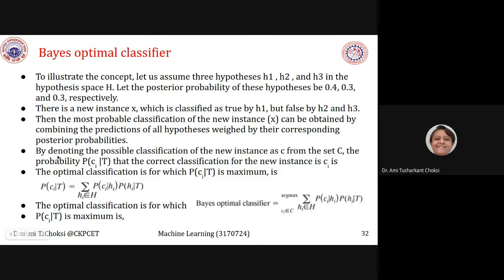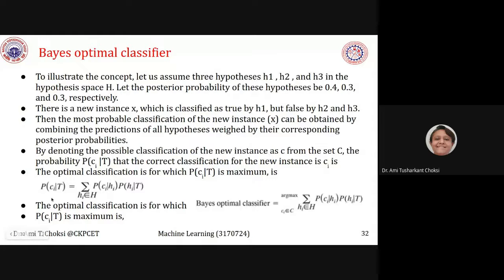So, denoting the possible classification of the new instance as Ci from the set C, the probability P of Ci upon T, that the correct classification for the new instance is Ci, is the optimal classification for which P of Ci by T is maximum, right?